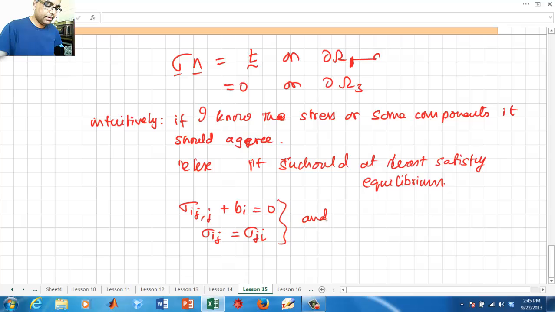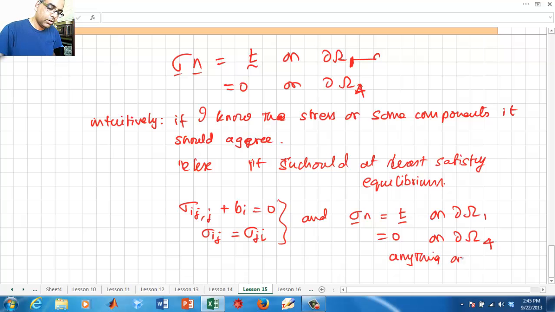and sigma times n equal to t on partial omega 1, equal to 0 on partial omega 4, and can be anything on partial omega 3.